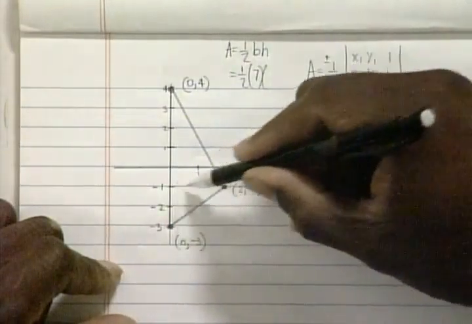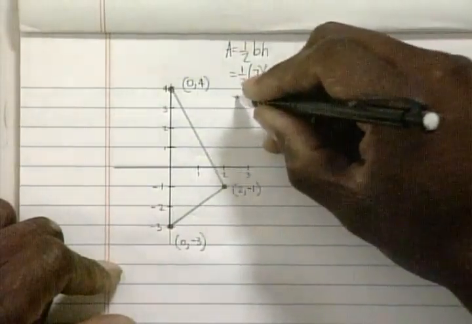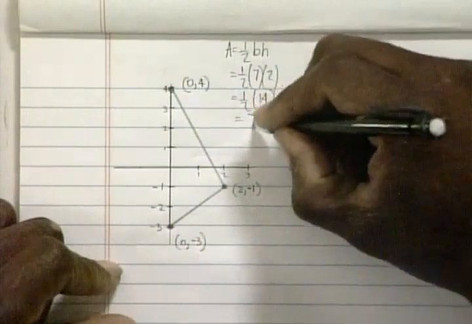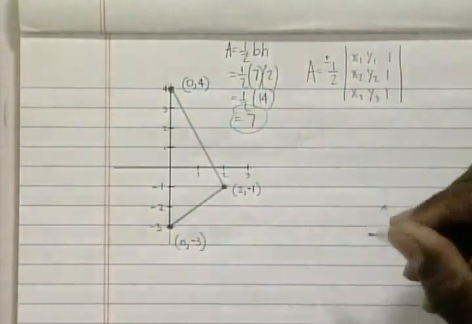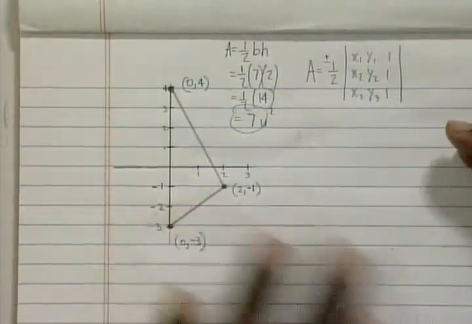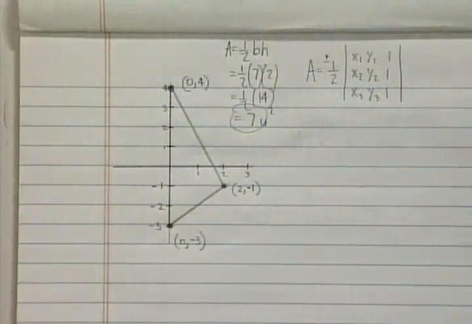This height, from here to here, is 2. So you get 1/2 of 14, which is 7. The area of this triangle is 7 units squared. And that's probably the most efficient way to find the area of that triangle.